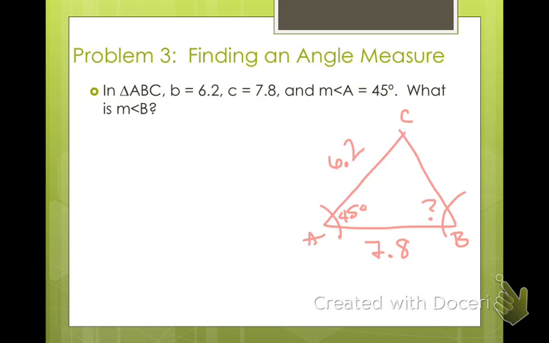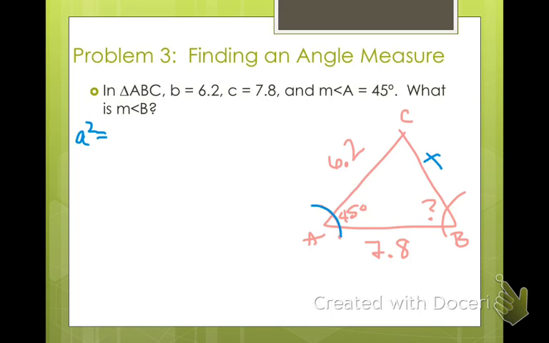So what we're going to do first is we're going to solve and find this side A over here, because we have to know that in order to use either sine or cosine. So let's go ahead and use, from the perspective of angle A, our law of cosines.